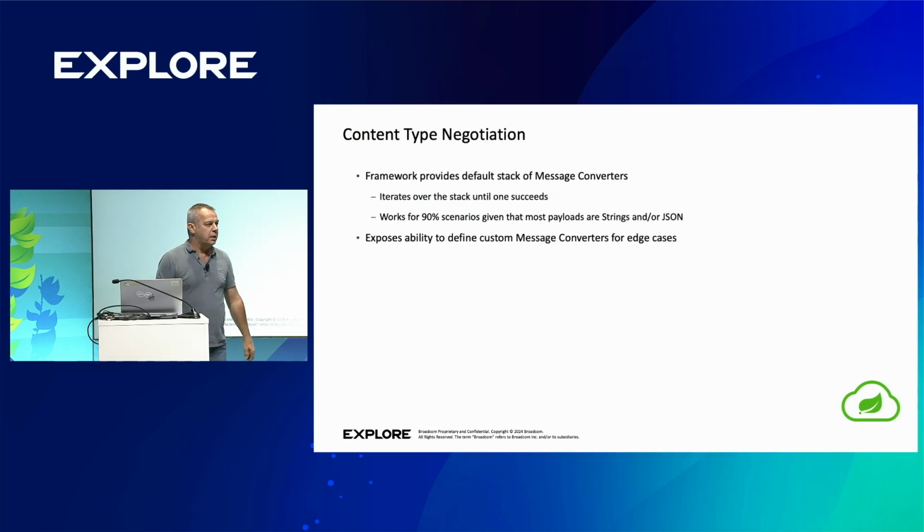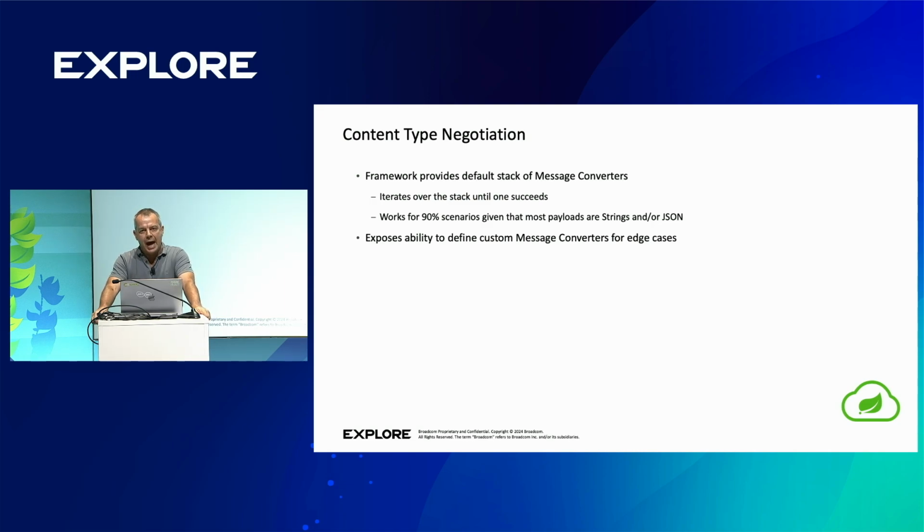Content type negotiation. As I said, you rarely have to deal with it. We provide transparent type conversion. In fact, within Spring Cloud Stream, everything travels on the edges as a byte array, and then if you have a POJO, we'll convert to it. Generally, the most popular input type is JSON, so obviously we have a converter for that.